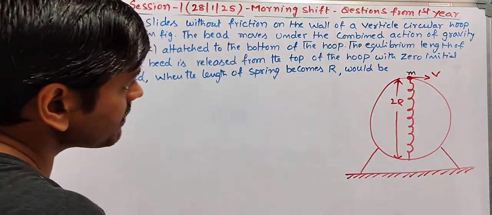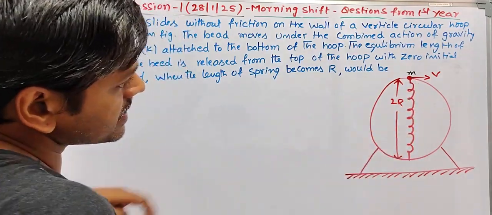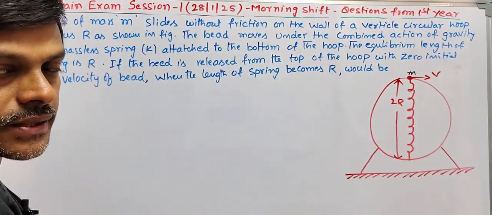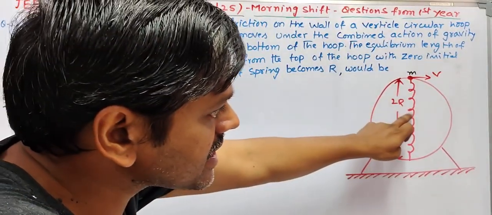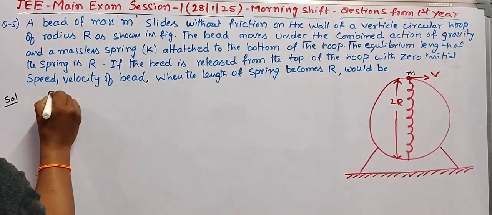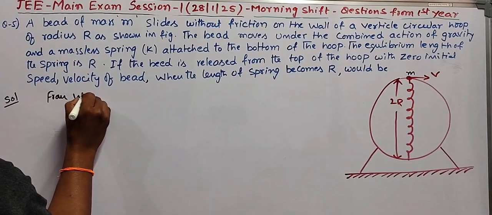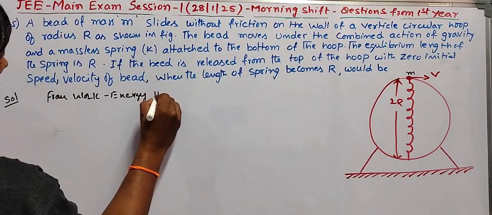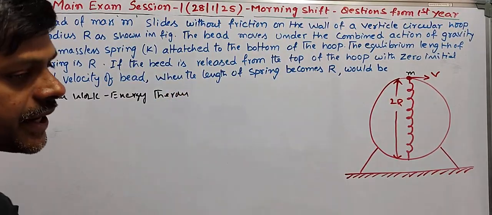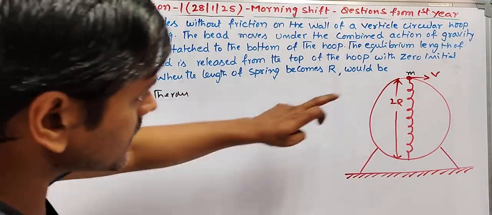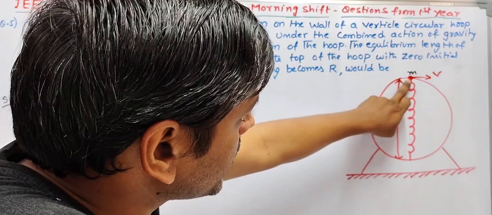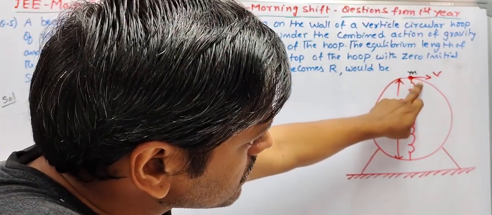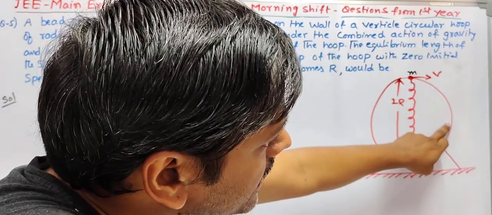Whenever the bead is released at the top of this circular hoop, it possesses only potential energy, due to gravity as well as the spring. So, from the work energy theorem, the total energy at the top point, before it is released, is converted to kinetic energy.